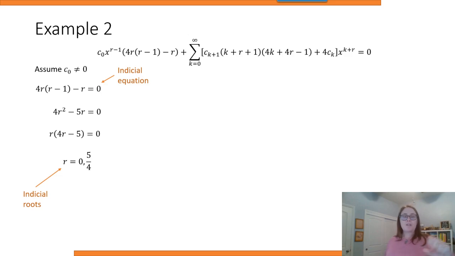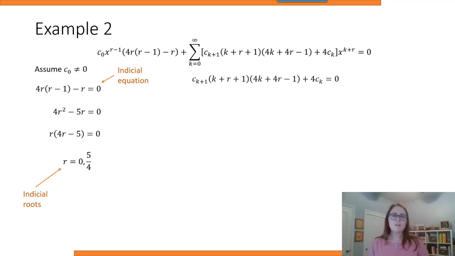Okay, so now that I found my indicial roots, I'm going to go to the sum and find my recursive relation. And then I'll plug in my values for r to that function so I can start getting those two solutions. So first I take the constants inside of the sum and set them equal to 0. And then I'm going to solve for the later term in the sum. So ck plus 1 comes after ck, so I'm going to solve this equation for ck plus 1.